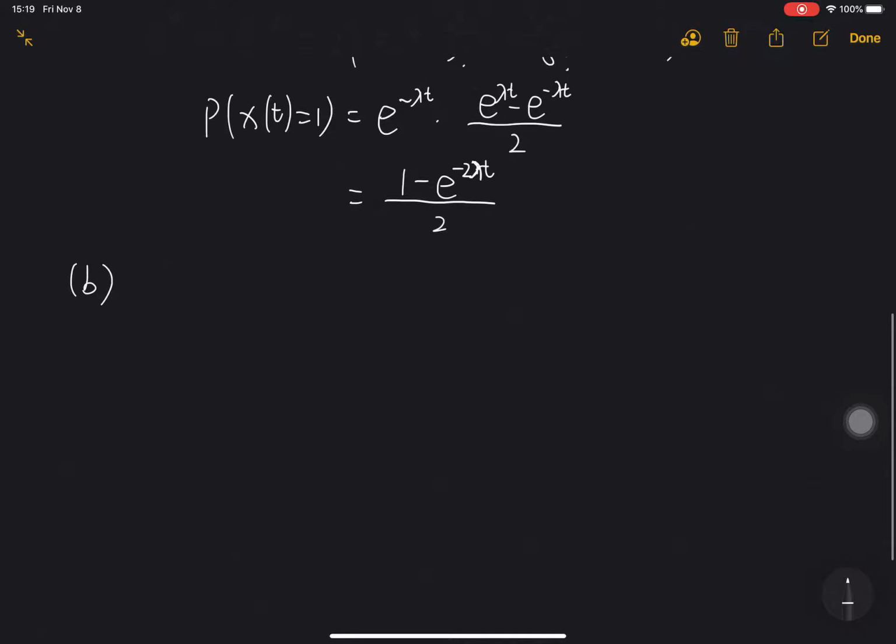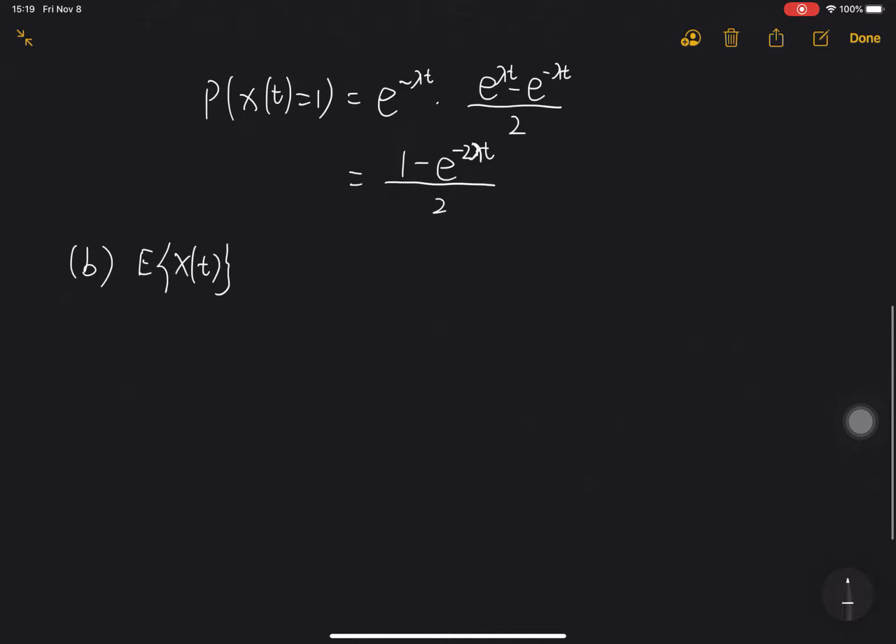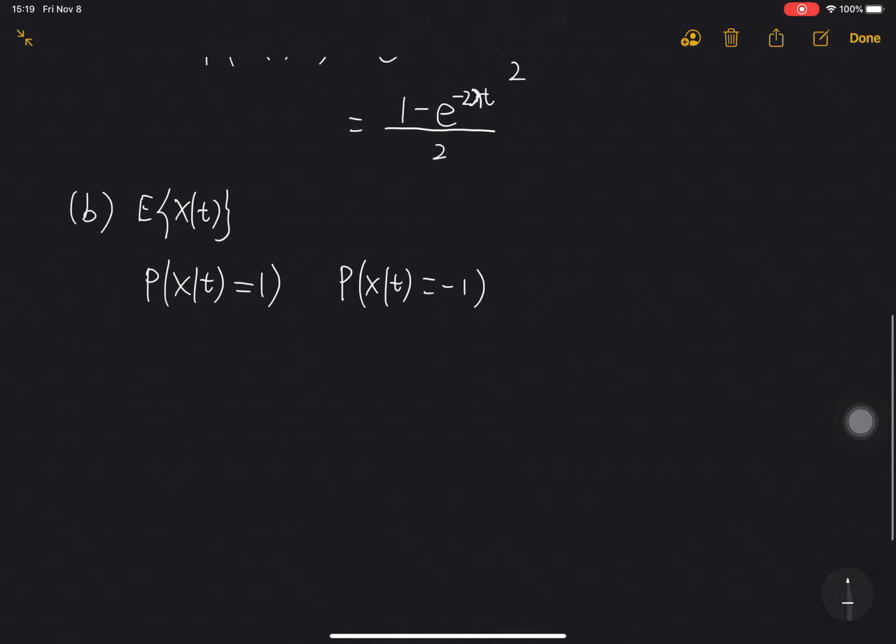And the next question, question B. We need to find the expectation of X(t). As before, if we want to find the expectation of X(t), we need the probability of the two situations: X(t) equals 1 and X(t) equals minus 1.